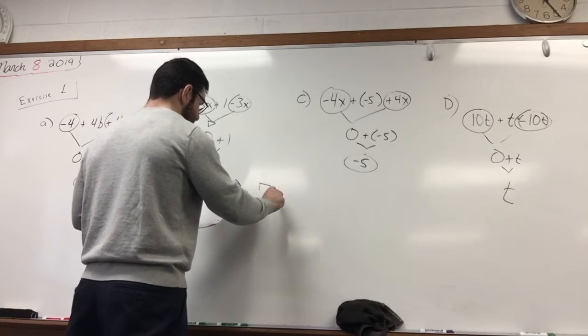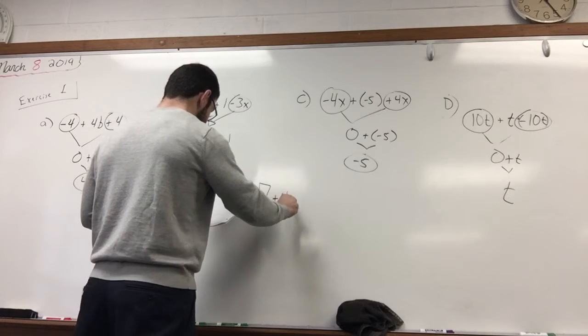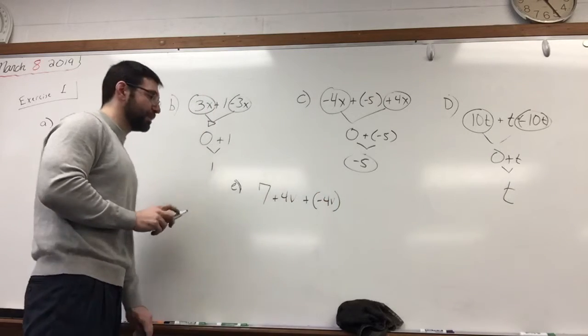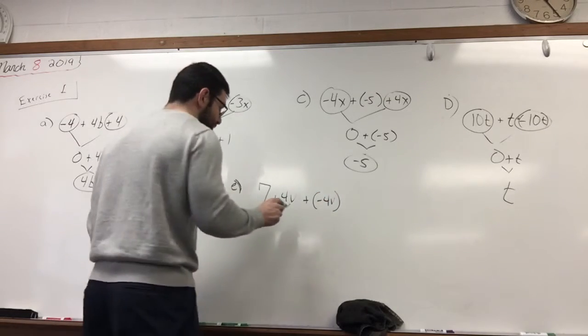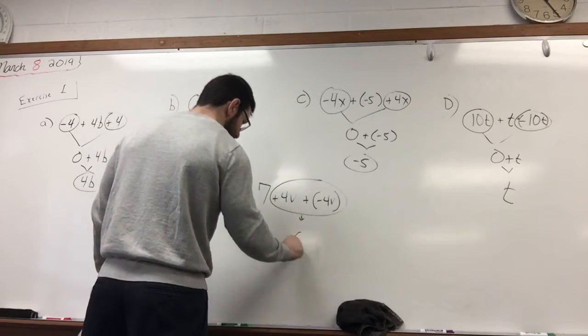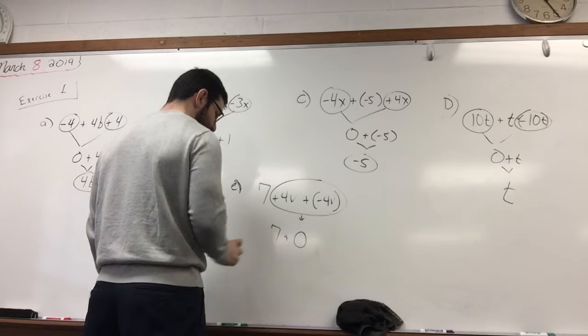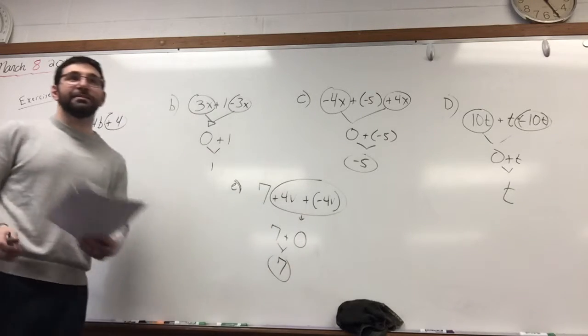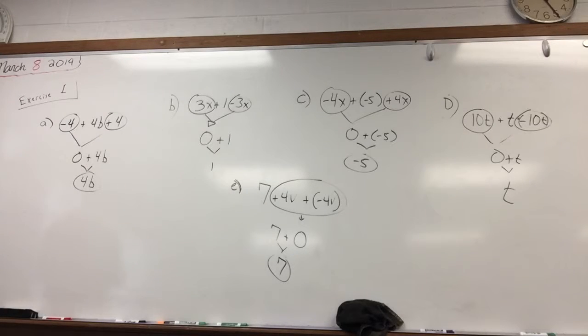And 4v. What kind of 4v? Plus a -4v. Okay, keep on going for me. So you take positive 4v and negative 4v and you do the additive inverse. And then you bring 7 down and you have 7. Good. Which is the additive identity.